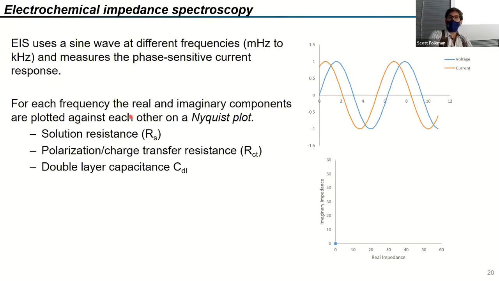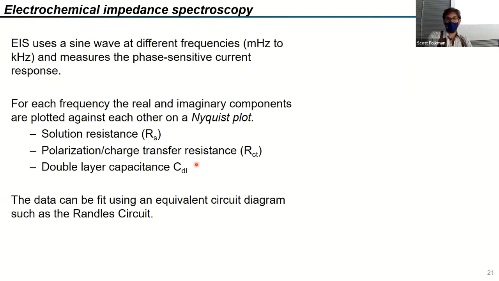And what it can give you are factors such as the solution resistance, the polarization or charge transfer resistance, as well as the double layer capacitance. All parameters that may be of interest to your studies.